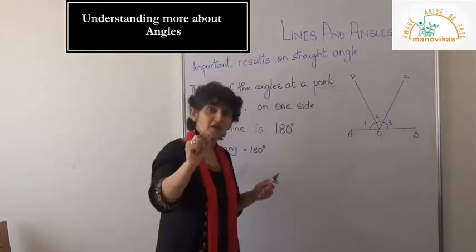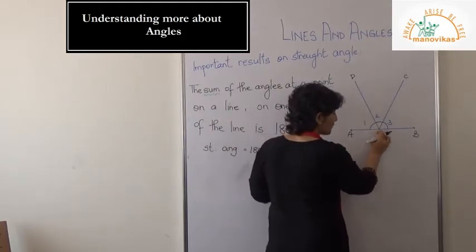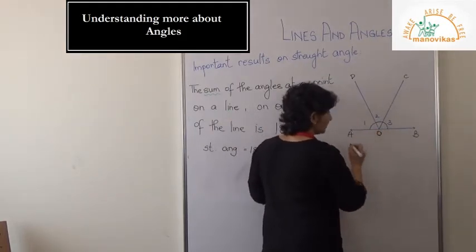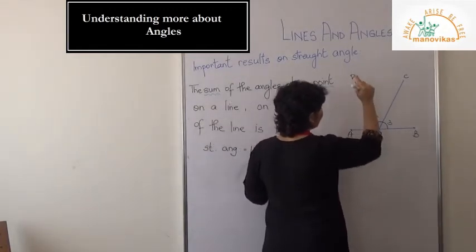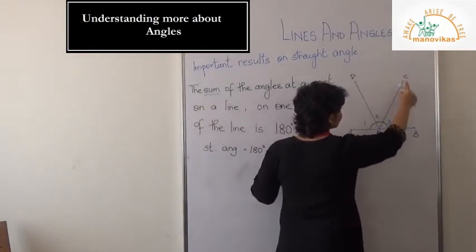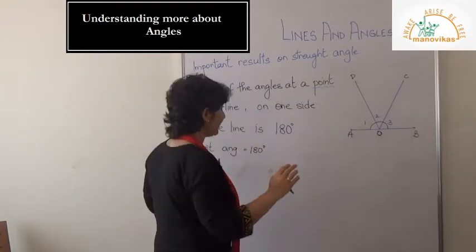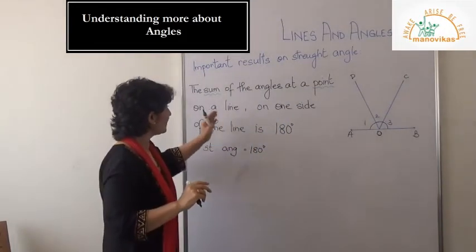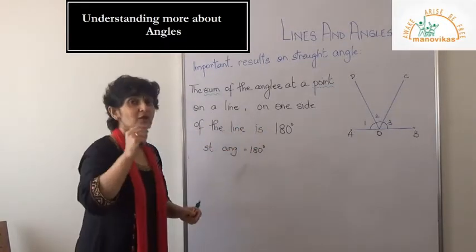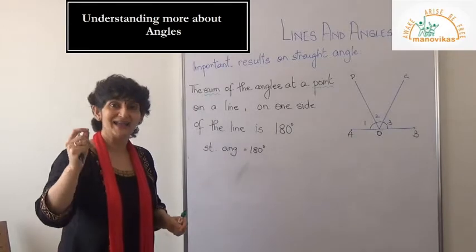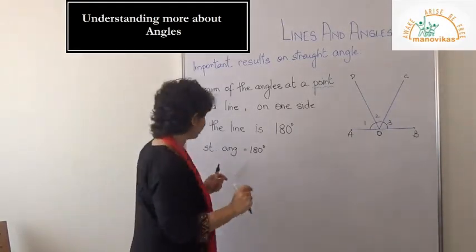AOB is my straight line. It is given, right? And at a point means you have one point O here. From this we get three angles. AOD, DOC and COB. We have three angles here, right? They are saying, and if they are all on one side of the line, then they are going to be equal to 180 degrees. Now, what do you understand by that?